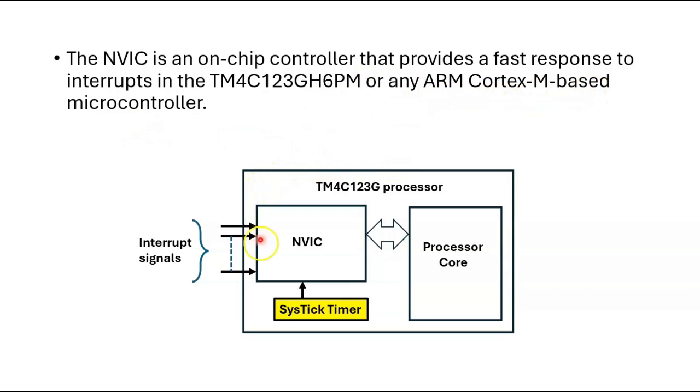So this is the NVIC in relationship to the processor core, and here is the SysTick timer. And all this, as you've seen earlier, is enclosed inside the processor. And these here represent our various interrupt signals.